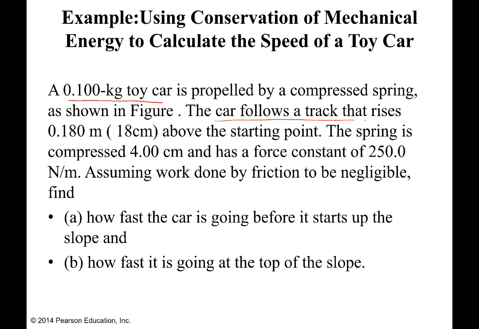So the car follows a track that rises above the starting point. The spring is compressed. You have to do 2 things. You have to find how fast the car is going before it starts up the slope, and how fast it is going at the top of the slope. The diagram is not there. I should have put the diagram, but I will draw it for you.